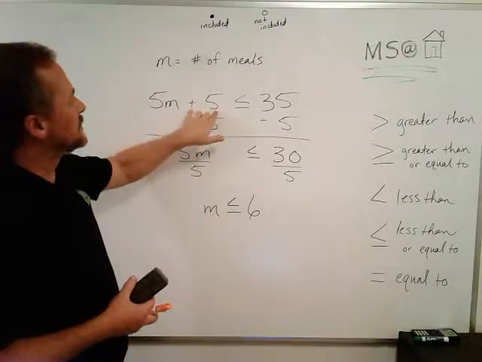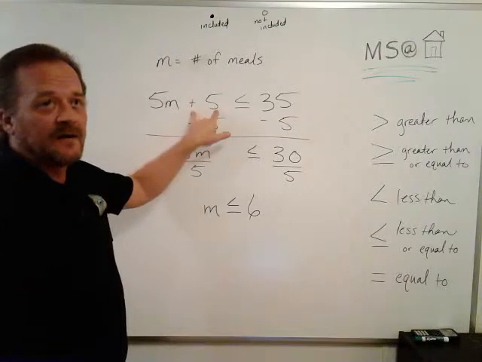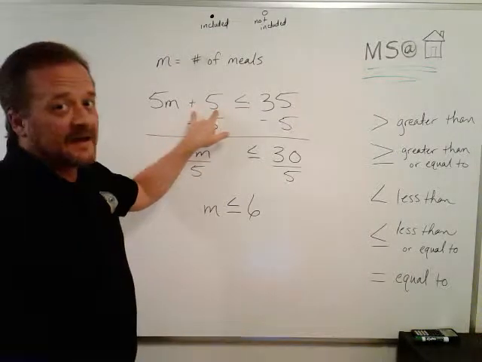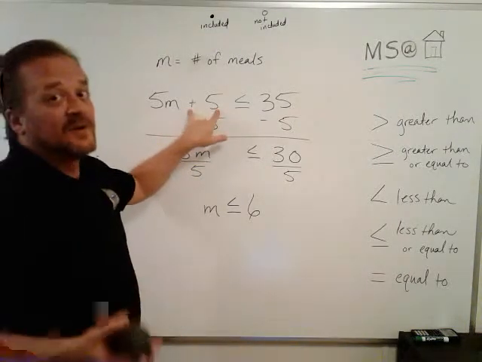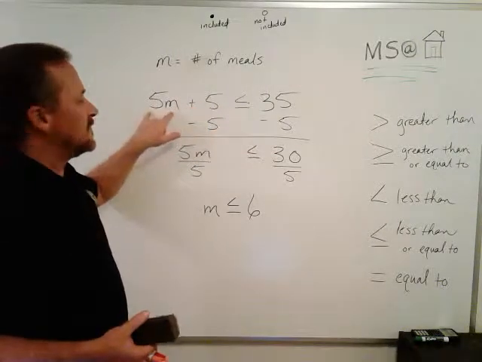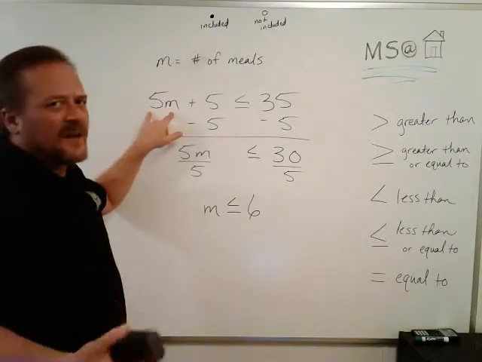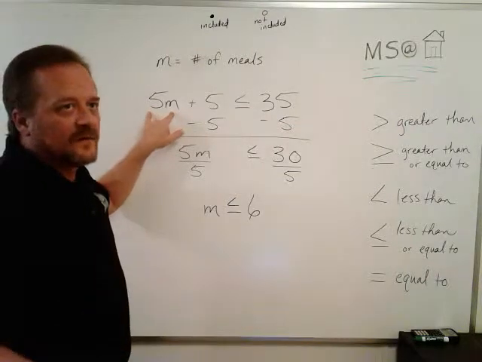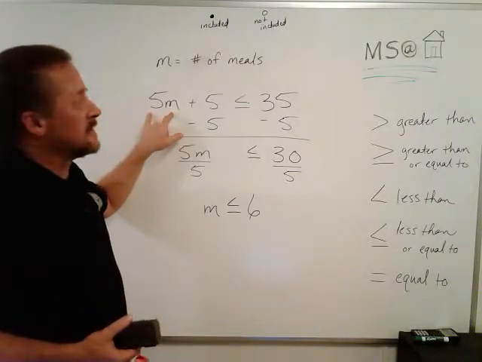And look for starting points too. Is there something that's already been paid? Is there already something that's been decided? Is there already something that's happened? Because that's a known. The unknown is usually how many of something or how much of something is gonna happen next, okay?